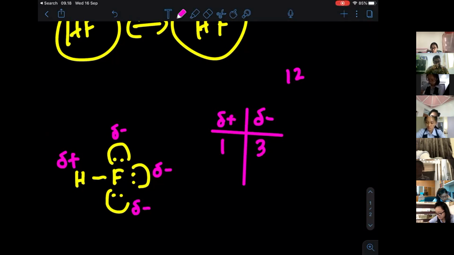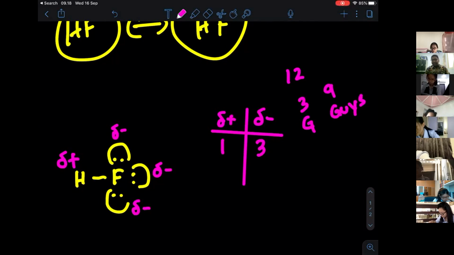What will happen? I know the ratio is 1 to 3, so I know that 3 girls are there, and the remaining ones will be the guys, so 9 guys will be there. 3 girls and 9 guys.